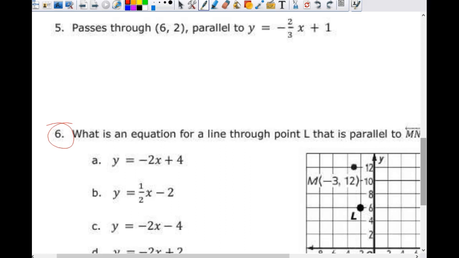We're doing number 5. Okay, so we have m1 is equal to, what's the slope of our first line? -2 over 3. What's the slope for our second line if it's parallel to the first line? -2 over 3. Who wants to tell me what the formula for this is going to be?